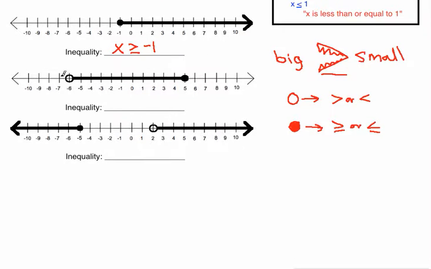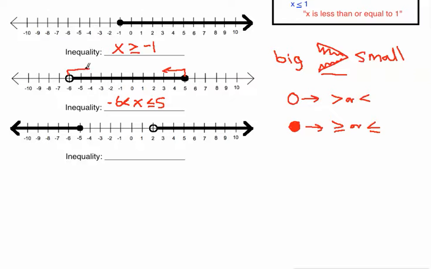Then we can have cases where it's a segment of the number line, from -6 to 5. In these cases, you're going to have x in the middle. We know that x is bigger than -6, and since it's an open circle, there's no or equal to, just greater than. And then x is going to be less than or equal to 5.